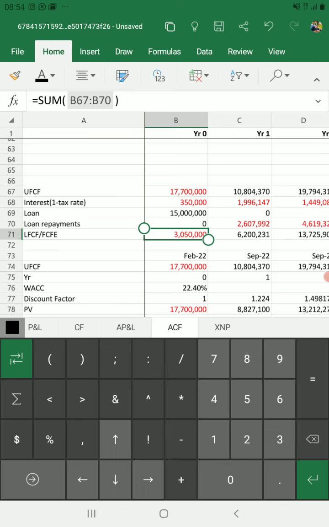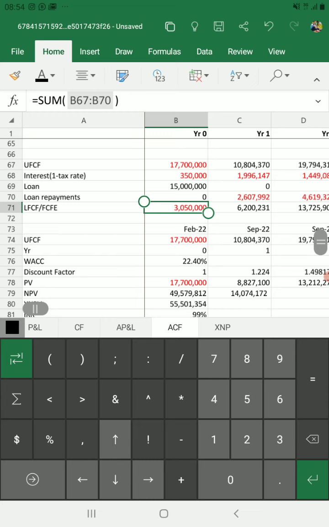To do that, let me duplicate this sheet so that this sheet will remain for cash flow. We will have another sheet, the same sheet, for enterprise value, that uses the unlevered free cash flow method, and another one for shareholders value that uses levered free cash flow.